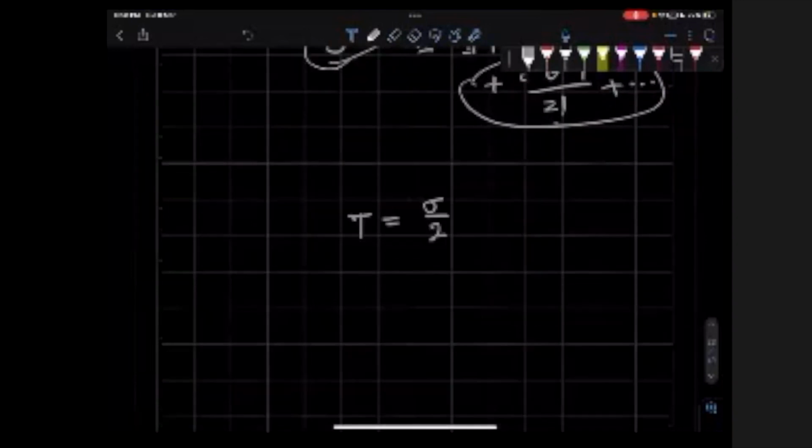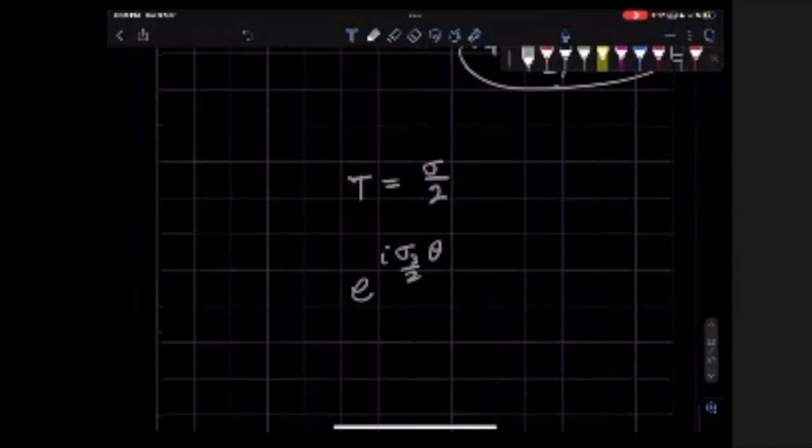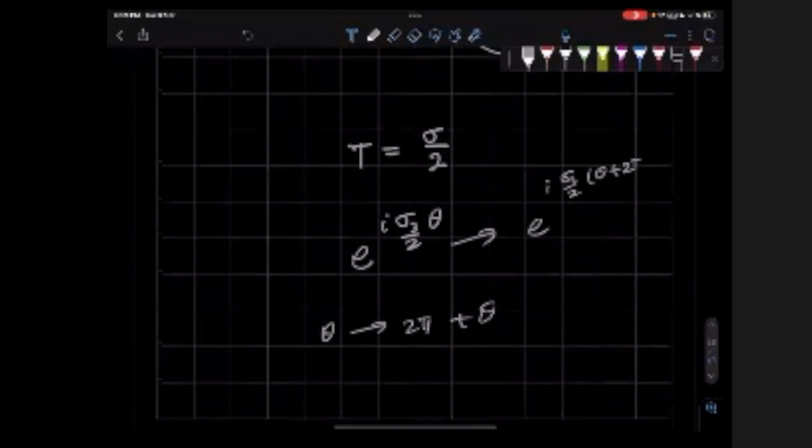And that's important because if the rotation is, say, e to the power i sigma 3 by 2 times theta, then as theta changes through 2 pi, this thing goes to e to the power i sigma 3 by 2 times theta plus 2 pi.